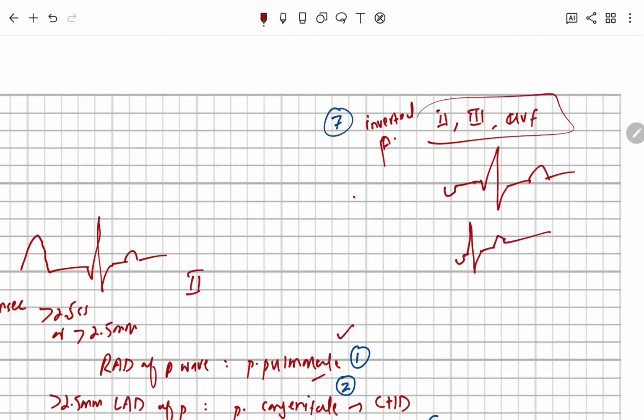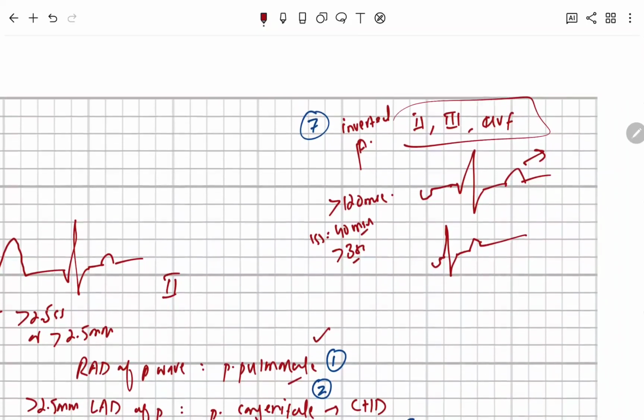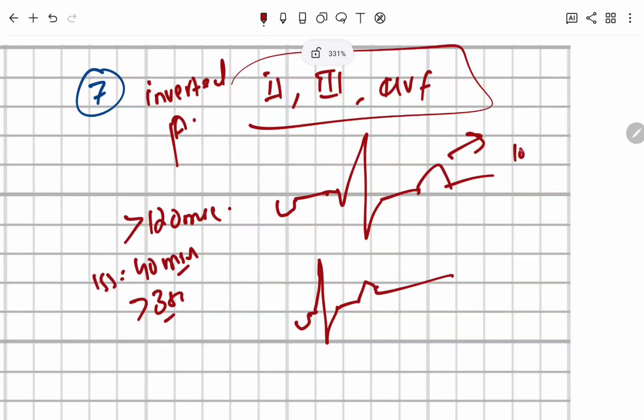If the PR interval is prolonged, that is more than 120 milliseconds, and we already know the basics that 1 small scale is equal to 40 milliseconds, so if it is more than 3 small scales, along with inverted P wave, this condition is called low atrial rhythm, also known as coronary sinus rhythm.